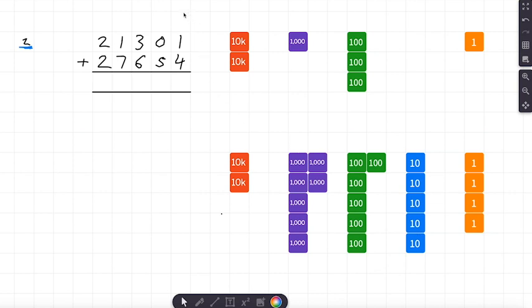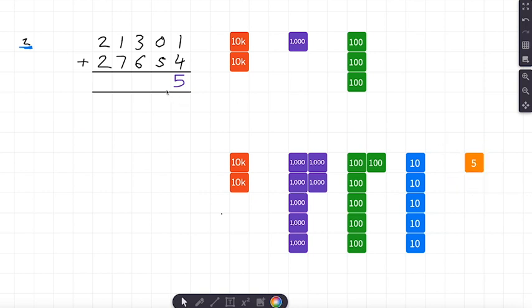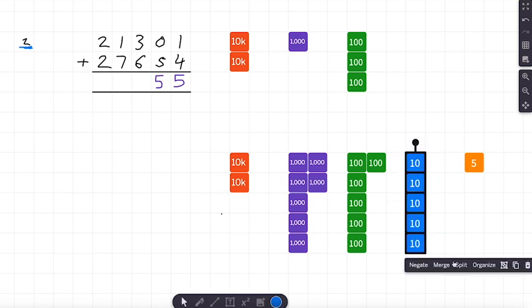Again, we're going to start with the units column, and we've got 1 plus 4 gives us 5. There's our 5. Merge those together. And then for the tens column, we have 0 plus 5 is 5. So we just have those 5 tens, which makes 50.